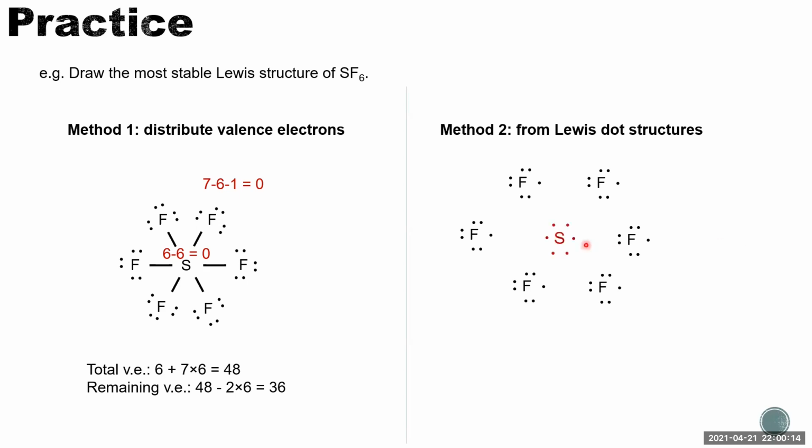Now each of these unpaired electrons from sulfur can pair up with a lone electron of fluorine, and we have 6 of them. Then we'll have the same structure as we came up with in method 1, and you also need to do the formal charge verification. So the trick for method 2 is that when you have bonds but you don't have enough unpaired electrons, you can split a pair of electrons into 2 unpaired electrons to facilitate bond formation.